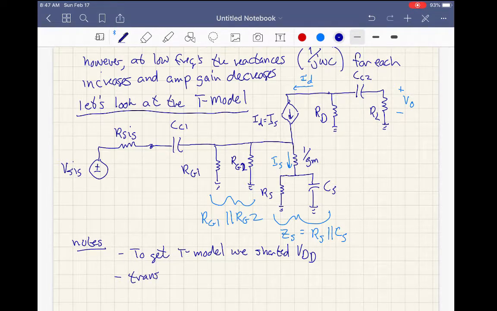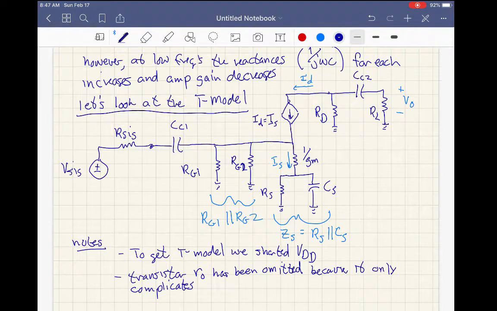So we can say transistor little ro has been omitted here, just like it was omitted back in chapter 7 last semester, because it only complicates the calculations, and has basically little to no effect on the performance.